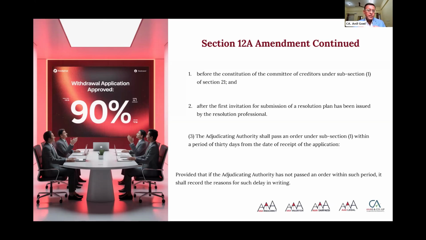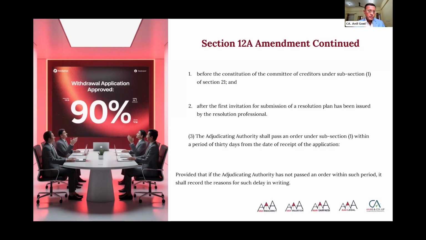Within this period, only an application under section 12A can be submitted, provided that if the adjudicating authority has not passed an order within such period, it shall record the reasons. And now it is also important: there is a timeline prescribed for the adjudicating authority, that it shall pass an order under section 12A within a period of 30 days from the date of receipt of the application.